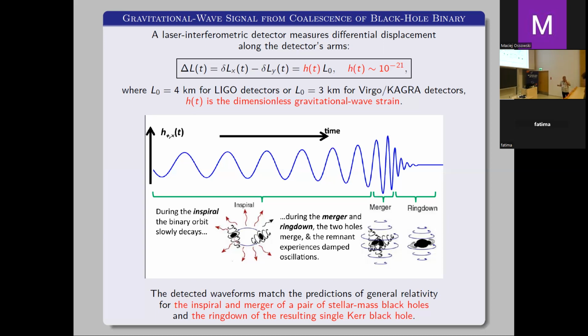The point is that this dimensionless gravitational wave strain is extremely small. This is of the order 10 to the -21 for the strong signals coming from coalescence of compact binary systems. But for example, for still not detected continuous gravitational waves from pulsars, it is some 10 to -25, maybe 10 to -26, and we are still trying to detect them.